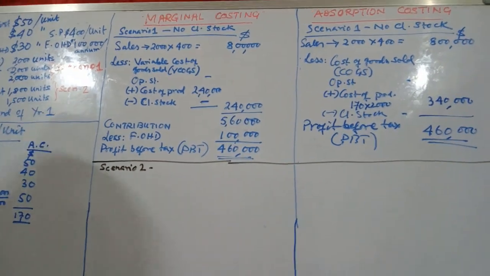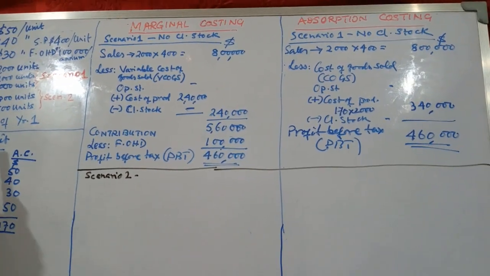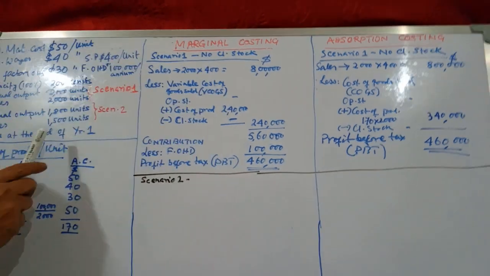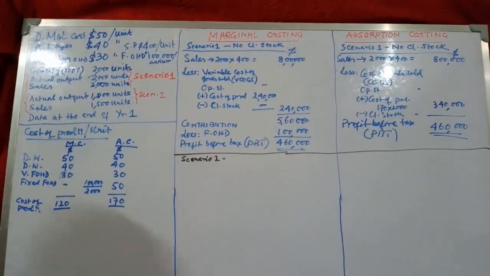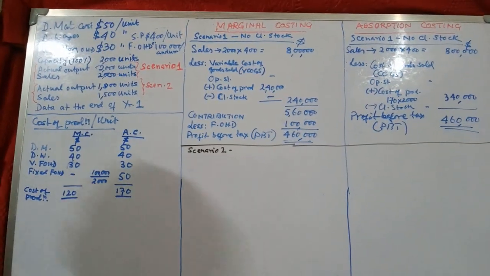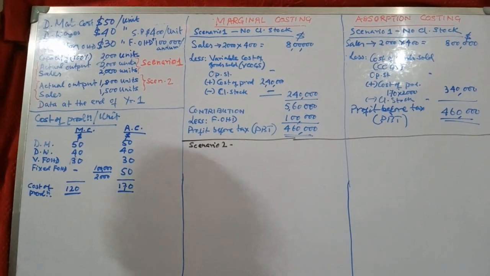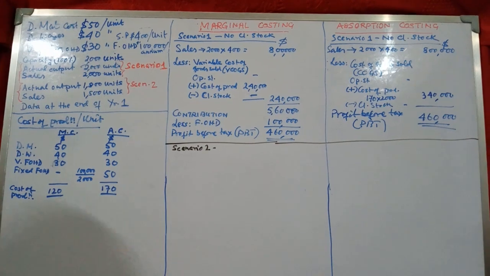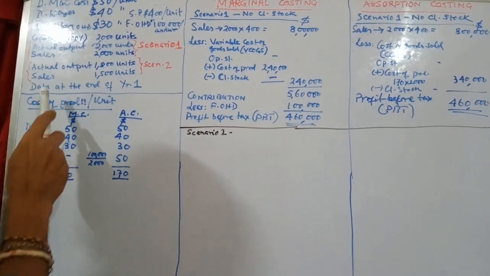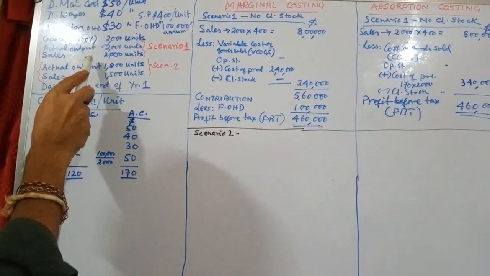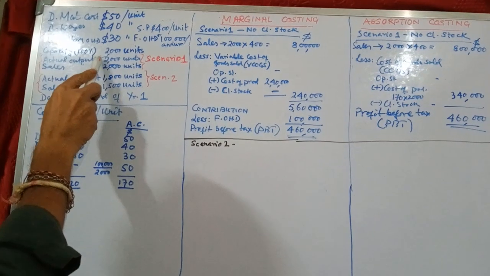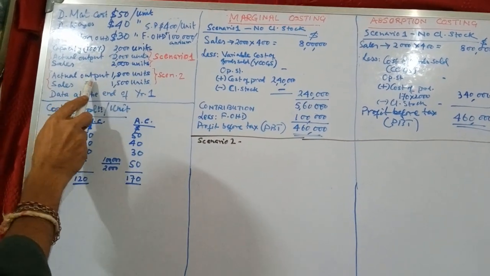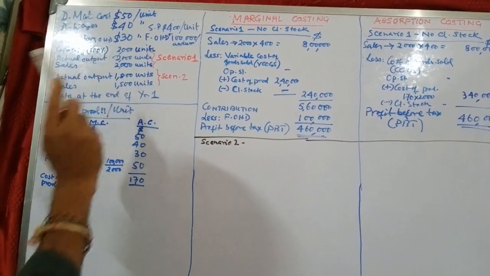There is no opening stock because this is the first year of operation of the firm. What are the differences between scenario 1 and scenario 2? In scenario 1, actual output is 2000, and in scenario 2, actual output is 1800.